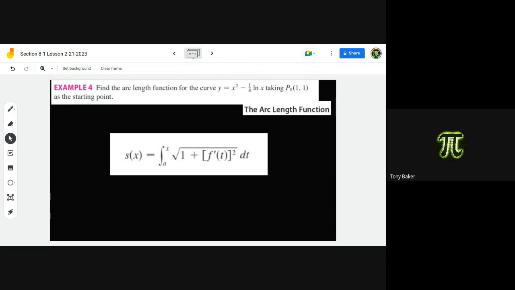And I want to know, I'm starting at 1, 1, and I want to be able to figure out the length from 1, 1 to 10, whatever the number happens to come out to be. And then I also want to find from 5 to something else. Like, I want to find a bunch of different arc lengths off of it. It's going to be easier to find an equation that I can just plug numbers into, instead of doing the same thing over and over again to find all those values.